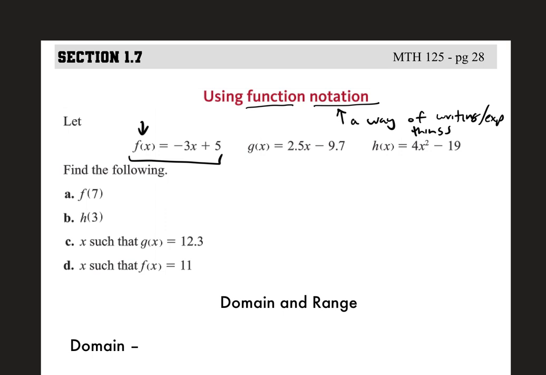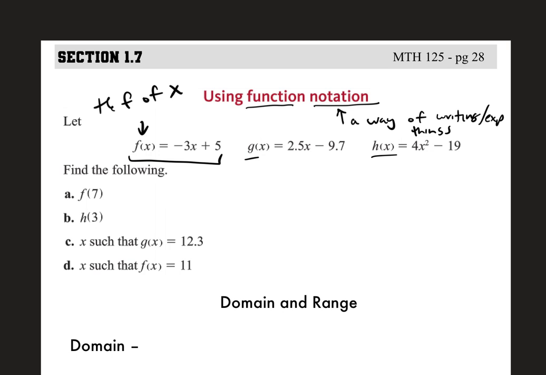We pronounce the beginning of this the f of x. And f is usually the universal one that they use, but you can use g of x or h of x. You can use different letters to show the difference between a couple different functions.